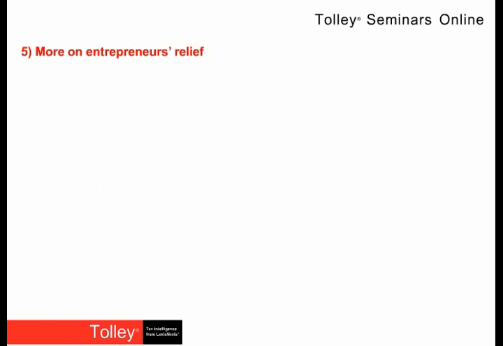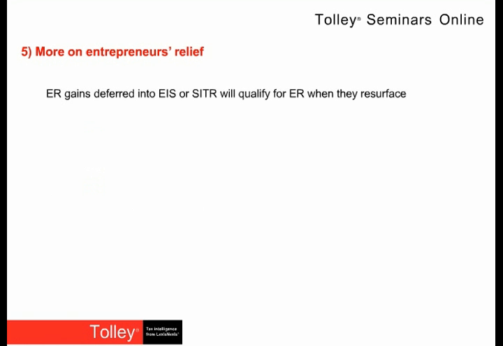More entrepreneurs relief gains which are deferred into EIS or social investment tax relief. The gains obviously are reinvested and rolled into the qualifying shares, or indeed in the case of SITR, the qualifying loans. In this case, what HMRC has decided is that the entrepreneurs relief will be preserved.